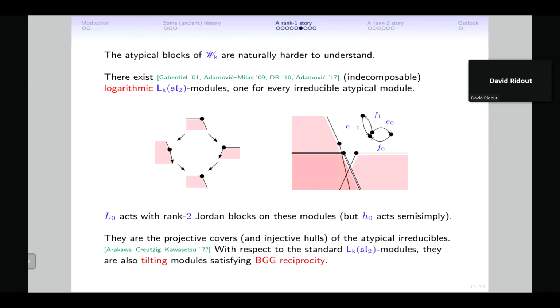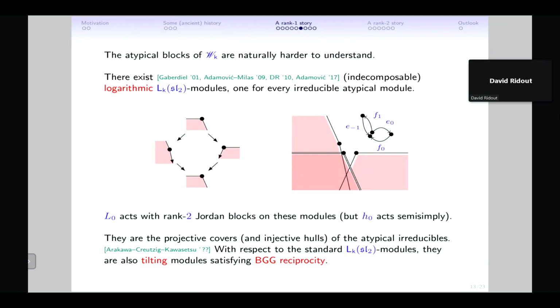Matthias Gaberdiel constructed the first back in 2001. And I guess I can skip ahead. Adamović has a very nice general construction of these, which I won't talk about, but maybe he will. So we get these logarithmic modules for our affine VOA. And essentially what happens is you take any atypical module.